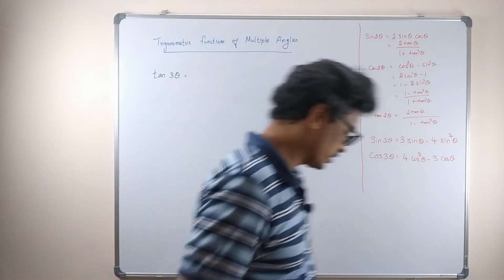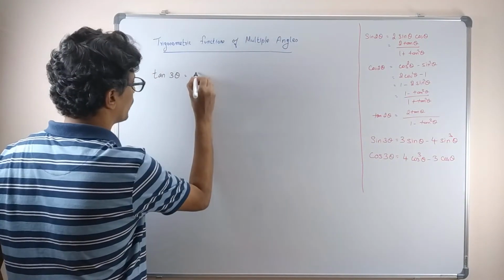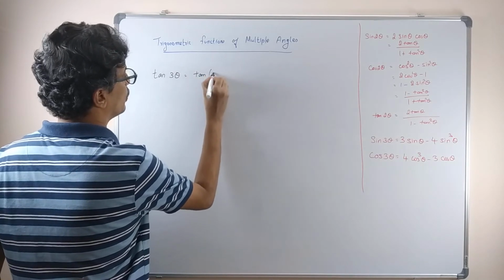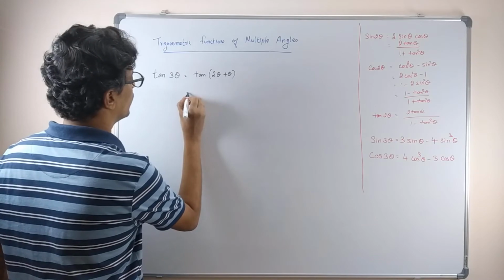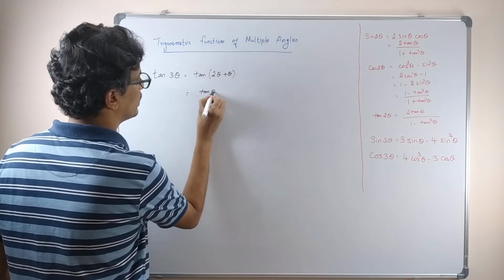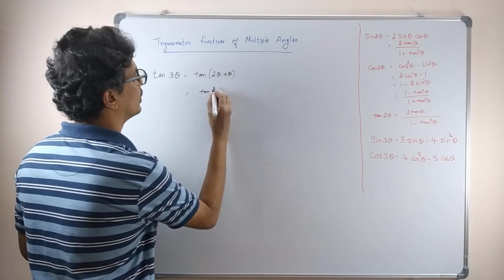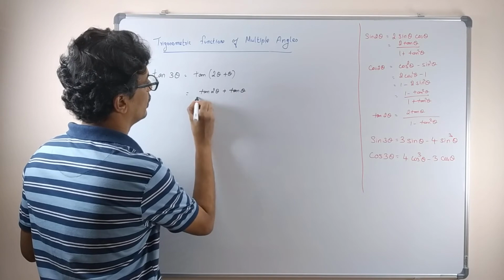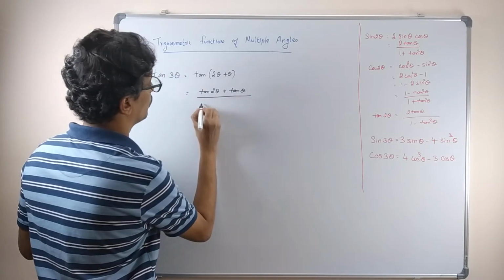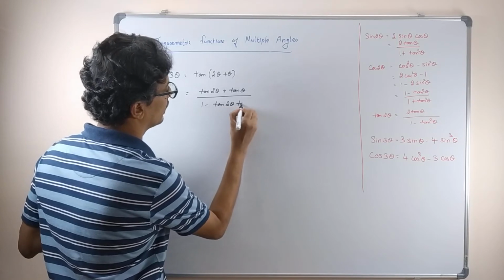So what will it be? Tell me. It is the same formula, correct? The same formula you can use: tan of 2 theta plus theta. So the formula is tan 2 theta plus tan theta divided by 1 minus tan 2 theta tan theta.